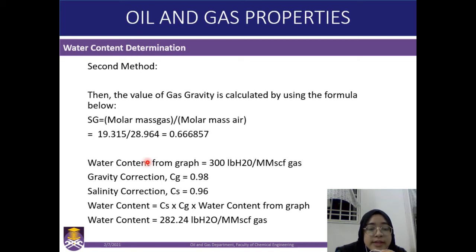Then we can know the water content from the graph, the gravity correction, the salinity correction, and also the water content. And we will get 282.24 pound H2O per scuff gas. The second method is actually preferable compared to the first method because the second method is more accurate.